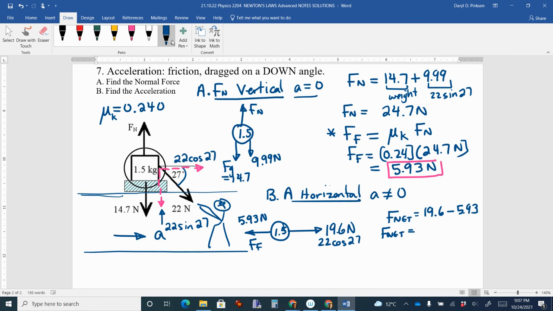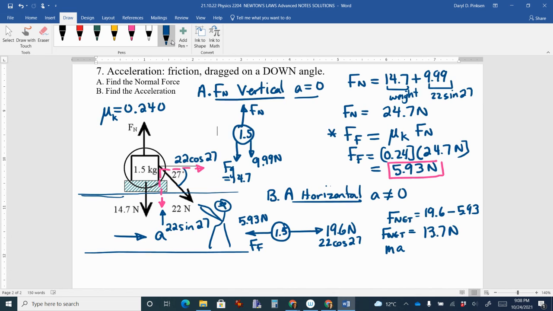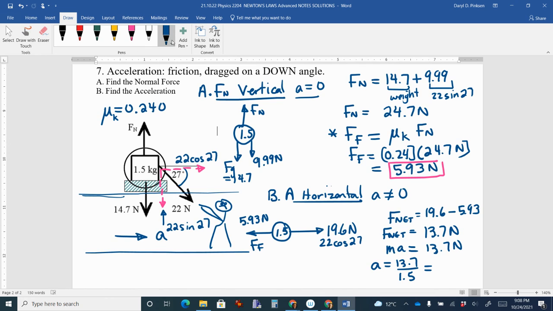The F net is 19.6 minus 5.93, 13.7. The F net is MA. So that means the acceleration is 13.7 all over 1.5. That's the mass. You always replace the F net by MA.